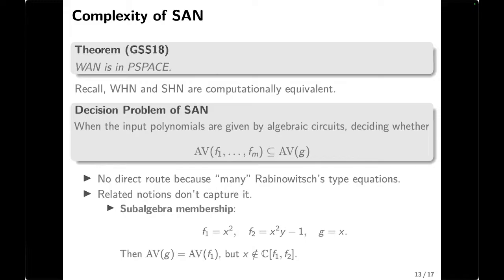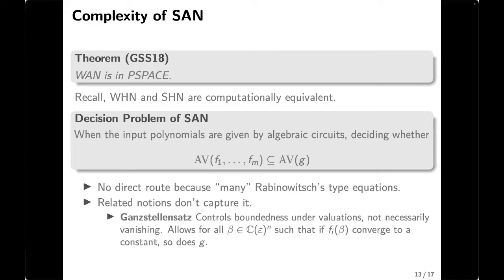We just say that this is not equivalent to the integral closure criterion, because for instance in this example the approximative varieties of g and f_1 are equivalent, but g is definitely not in the subalgebra. The closest notion actually comes from the math literature. There has been some work on something called the border Nullstellensatz, where essentially they are studying something like this.